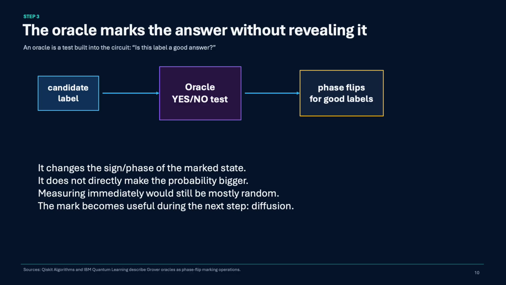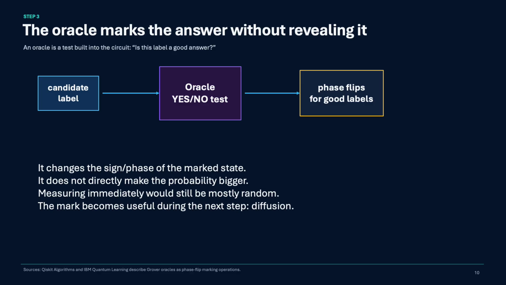A mysterious lantern keeper can walk through the city and perform one special operation. When he reaches the correct lantern, he turns its wave around. He does not make it brighter, he does not announce its location, he simply gives it a hidden quantum mark.